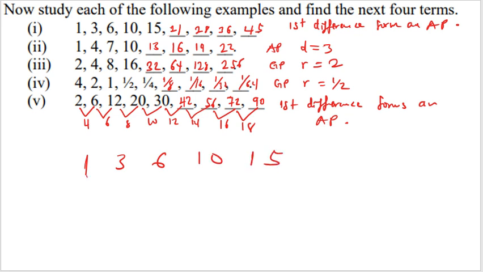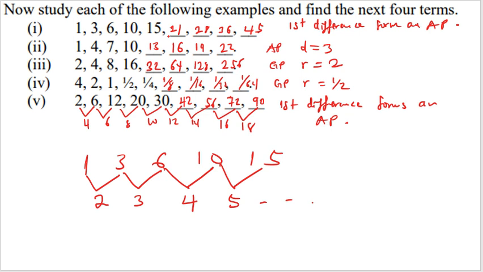Now you can see that the difference between 1 and 3 will give us 2. The difference between 3 and 6 will give us 3. The difference between 6 and 10 will give us 4. The difference between 10 and 15 will give us 5.